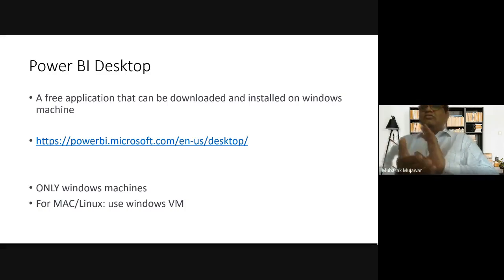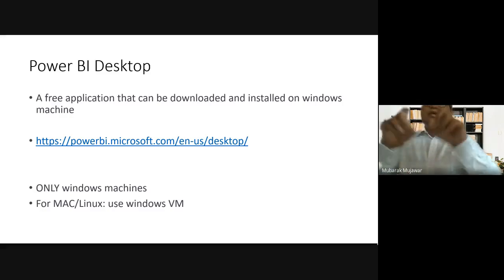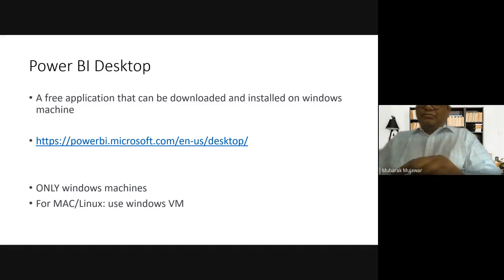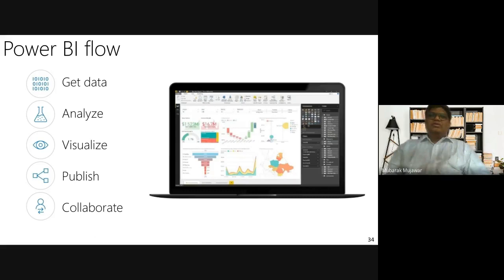Okay, so now let us go and see some of the components of Power BI Desktop. What are the different components, how to get the data, how to do some kind of processing, and what the visualization looks like. In Power BI, we first get the data, then we analyze the data, and we visualize it.